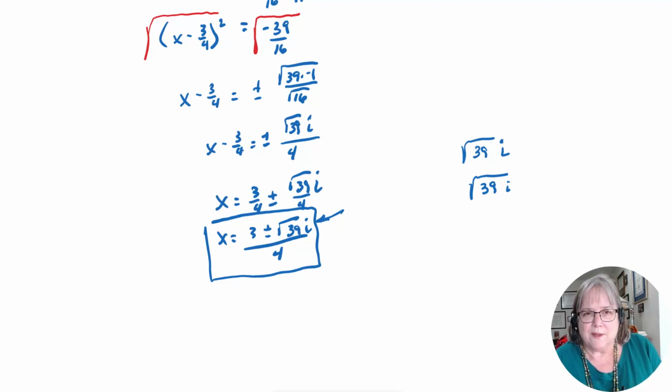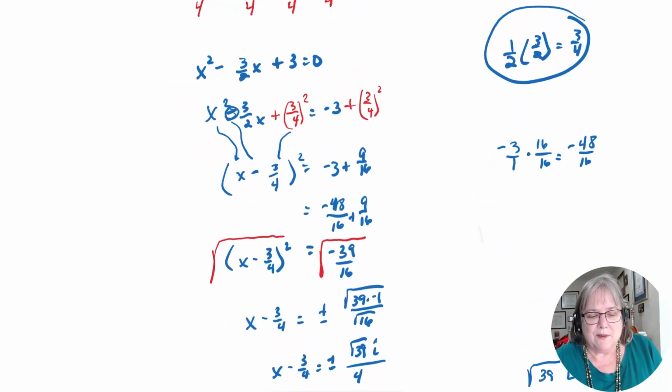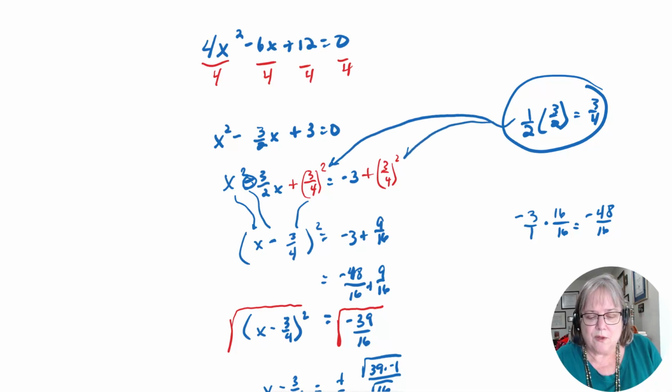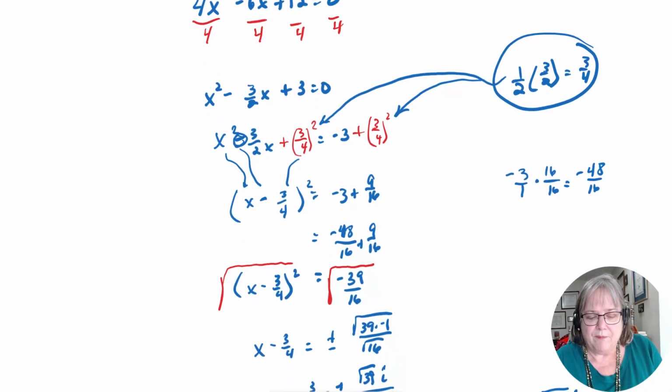And so here's the steps. You get a lead coefficient of a 1. Let's go back here so you can look. Okay, you get a lead coefficient of a 1 if it doesn't already have one. You move the constant to the other side, leaving a little workspace. You take half of b and you put it right here, saying you're going to square it. And what you do to one side, you do to the other side.